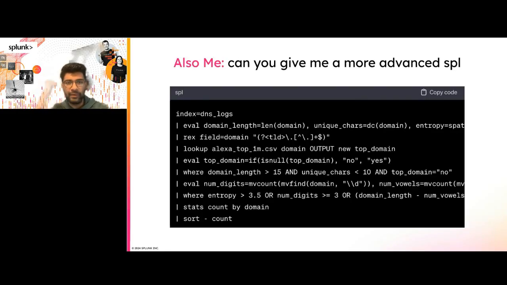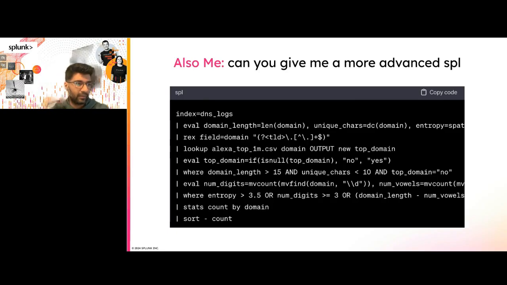I asked ChatGPT to give me a much more advanced SPL. And this time I can see that it's filtering something from Alexa top 1 million domains. It is coming up with more interesting regular expressions. It's also looking at entropy. From my experience, I know that this is not a state-of-the-art detection, but still it gives a much better detection compared to what I asked earlier.